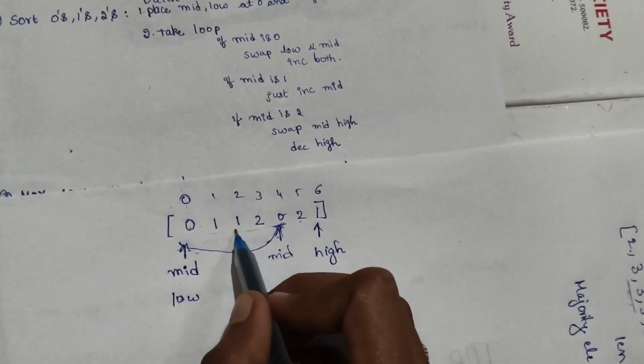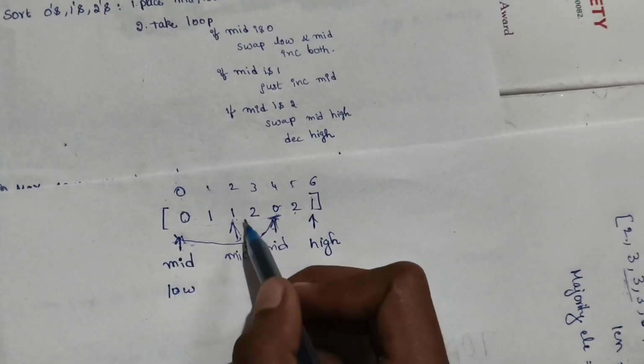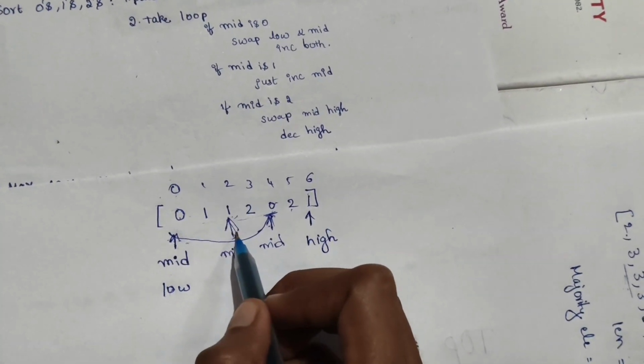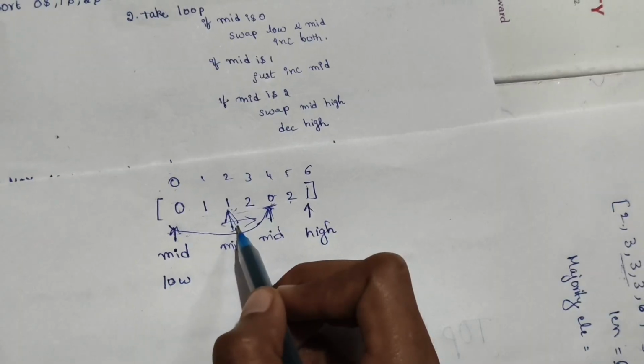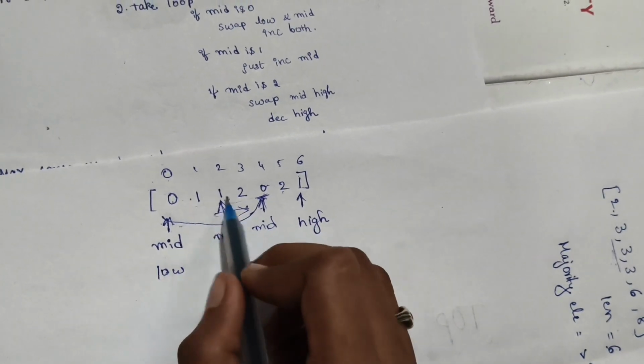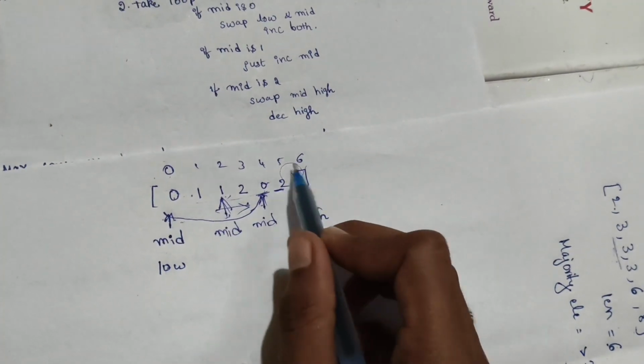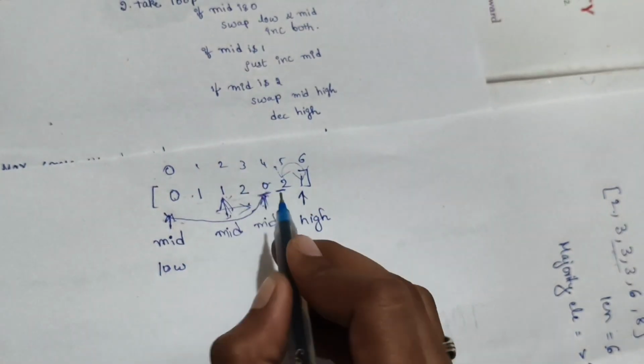And if mid is at 1, that means if the element is 1, we will increment mid. We will not do anything, just continue. Now if mid is 2, we will swap it with high. Just three points to remember briefly.